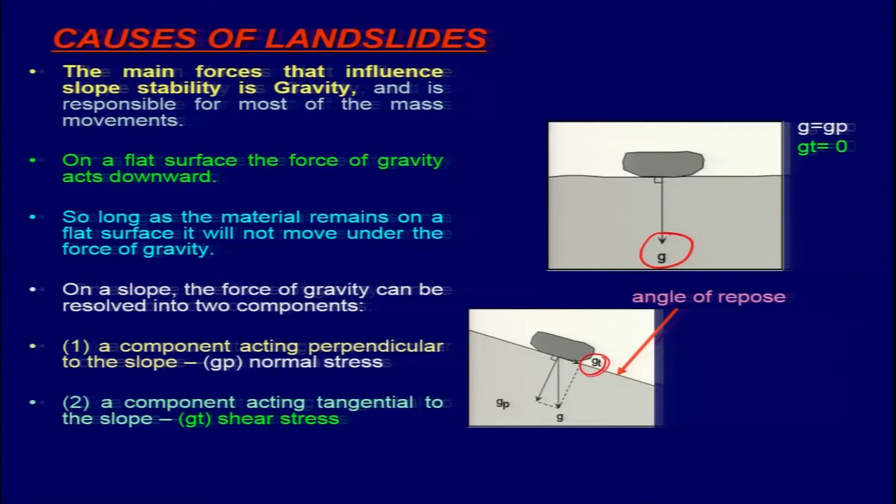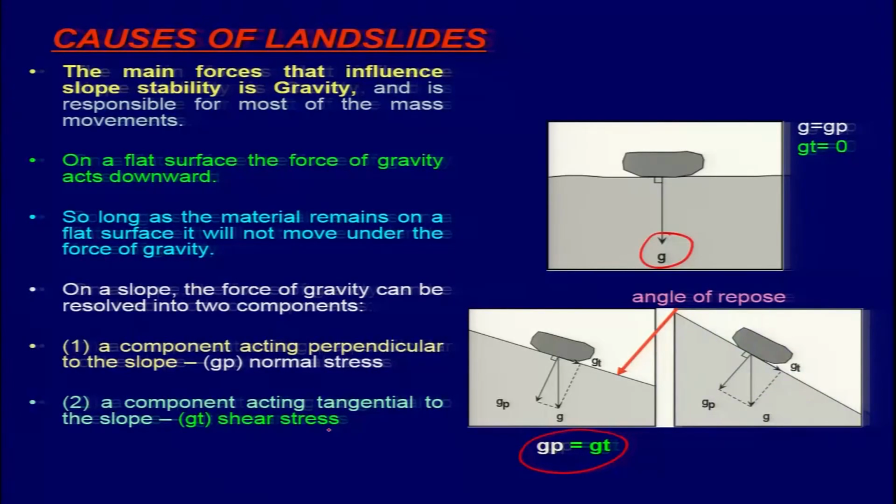This is also termed as angle of repose. So here in this case, Gp is almost equal to Gt. Of course, here it has been shown with an arrow which is smaller, but if no slip is occurring here, then in that situation Gp, which is your normal stress, will be equal to Gt, your shear stress.